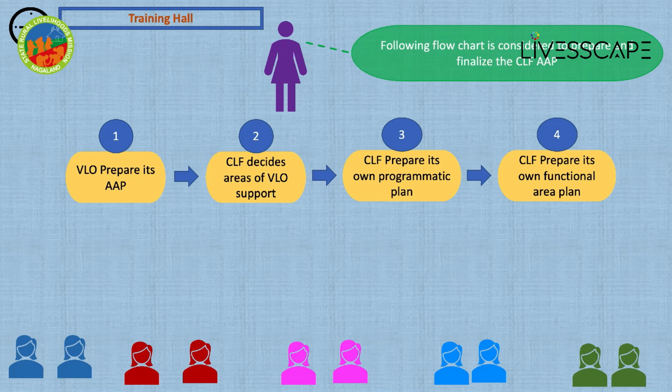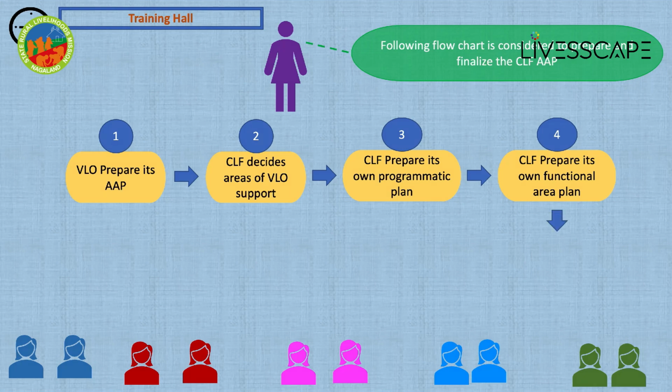Fourth, very importantly, the CLF then prepares its own functional area plan. Now these are areas where the CLF needs to prepare plans for. For example, there could be HR related plans, there could be certain administrative related plans, there could be certain recruitments that they need to do. So all these things will come in this functional area plan.